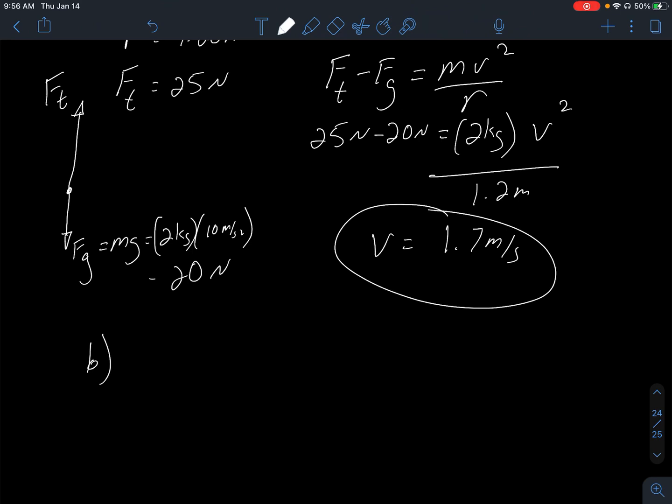So what we're looking at is when that force tension is now going to be 0. So we're only looking at force due to gravity. So this is like part B here. And it's now at the top. So if there was tension, the tension would be downward.